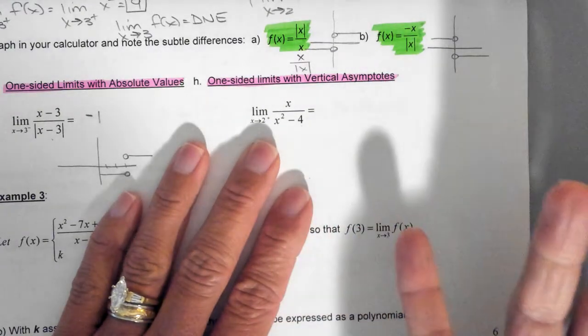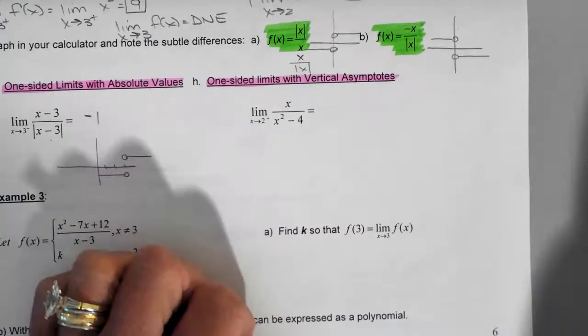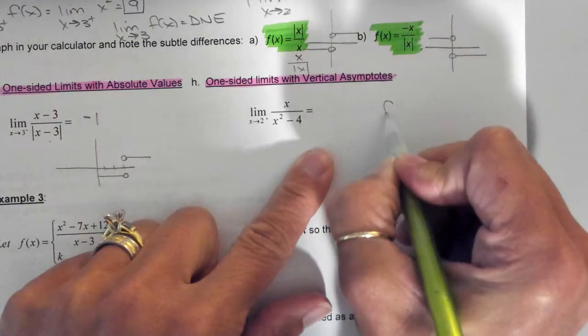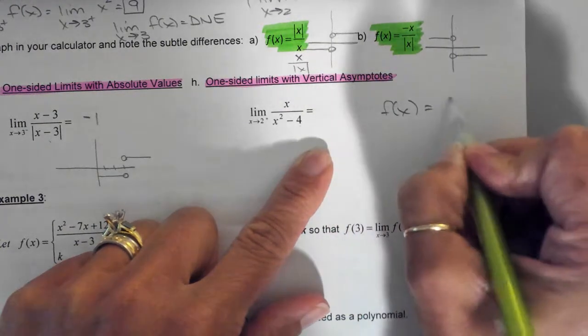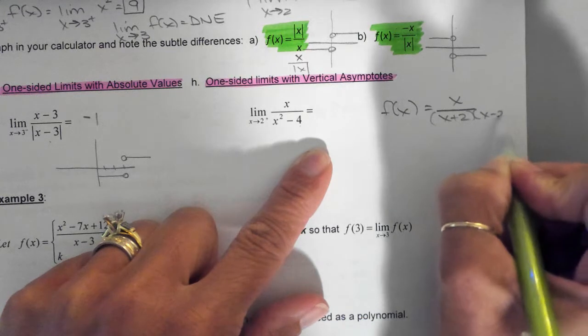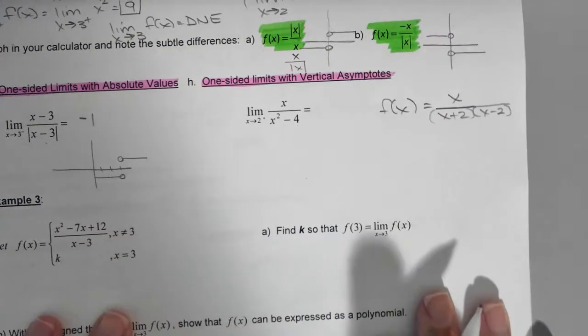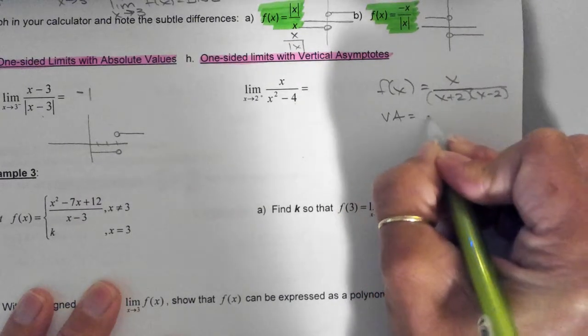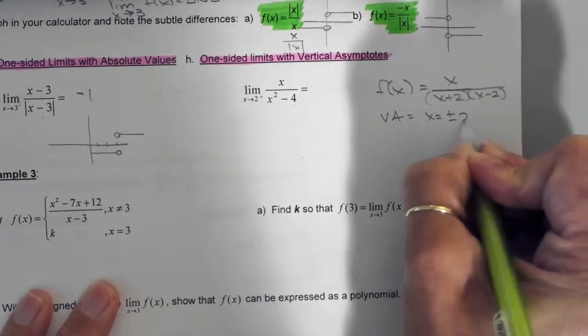In this case, there are 2, and they occur where? Plus or minus 2, right? If I were to factor this, my function looks like this. Agree? Okay, so we have vertical asymptotes where x is equal to plus or minus 2.